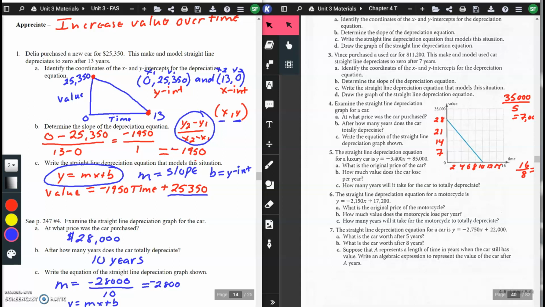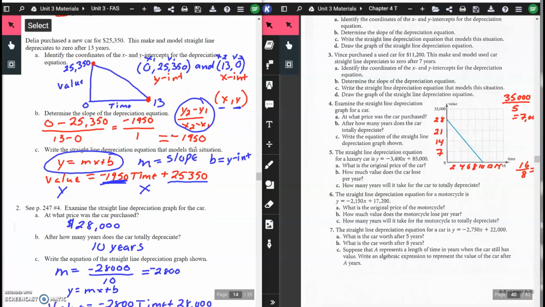Your slope we just found in part B was negative 1,950. That goes right here in front of your x value. Remember, our x value was time, and our y value was our car value. So I just replaced the y and the x with the actual words so you can understand where they're coming from. So that is your equation.